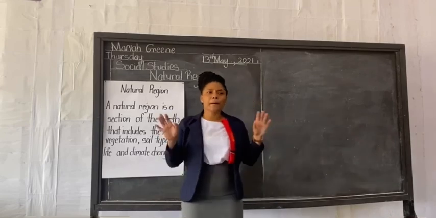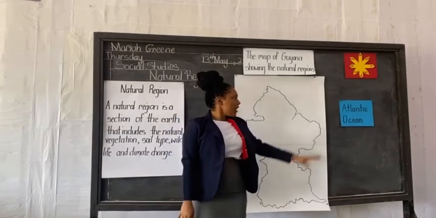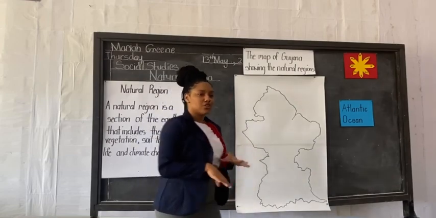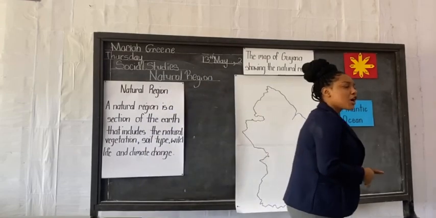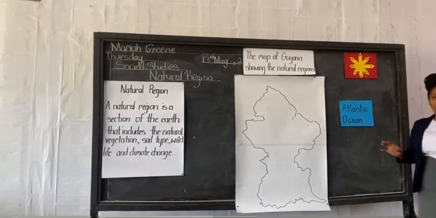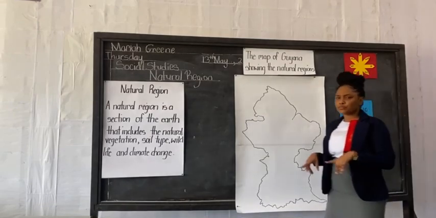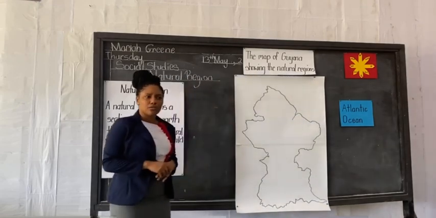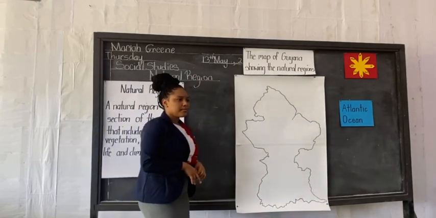So I'm going to put up a map so that we can locate. On this map of Guyana, we're going to locate each natural region. But first, we're going to start with the low coastal plain. Can anyone remember in the video clip, they were saying something about the low coastal plain? Anyone?